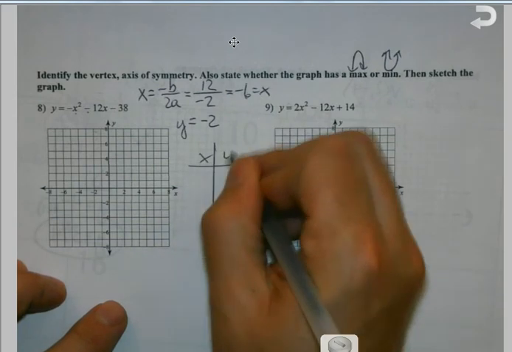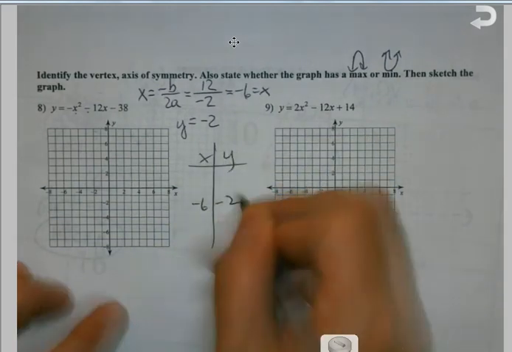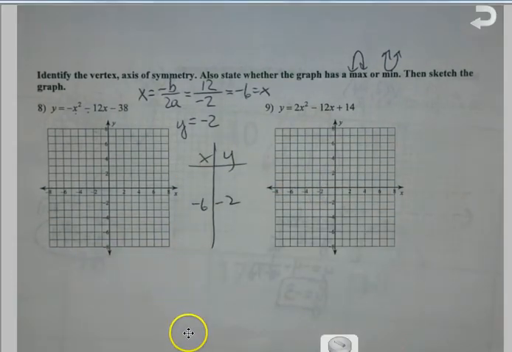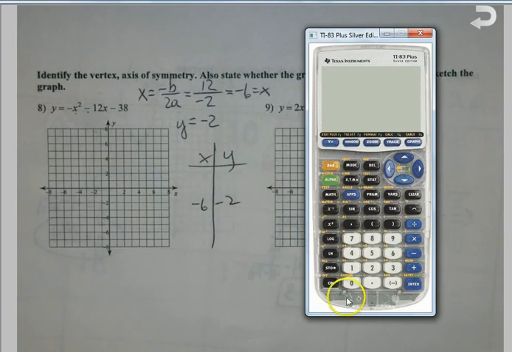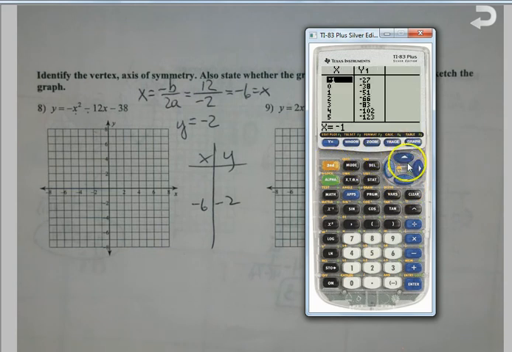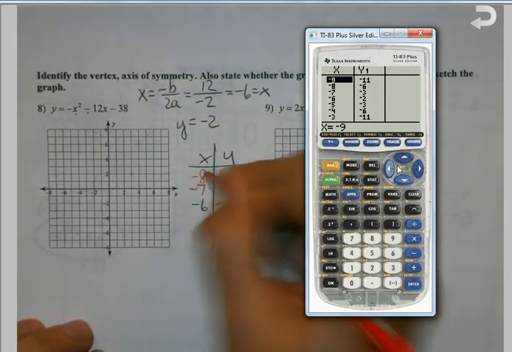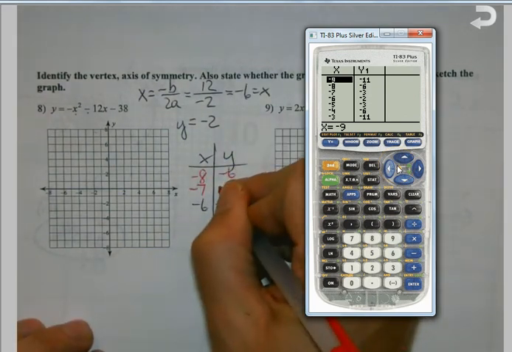And again, at this point, when you know what those values are, you can just go to the calculator. You can just type this in: -x squared minus 12x minus 38. And use your chart as long as your -6 is in the middle. And you can fill in the rest of your chart that way.